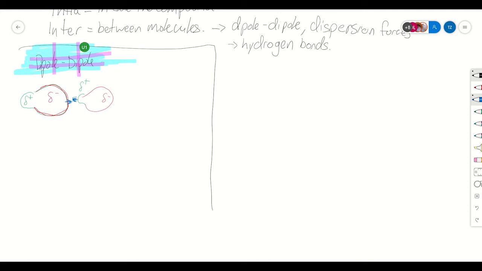Do you guys know what actually happens? Remember the classic particle model of the phases.